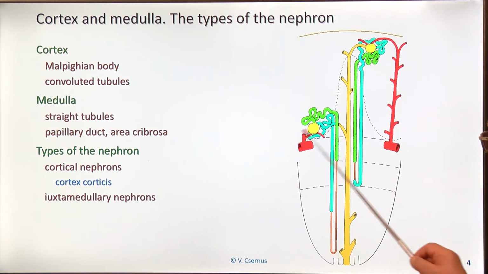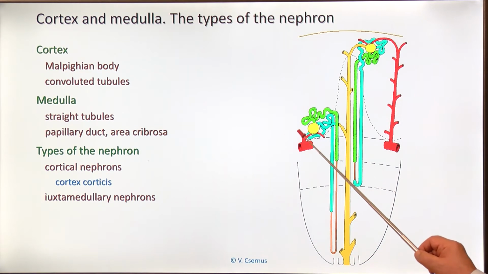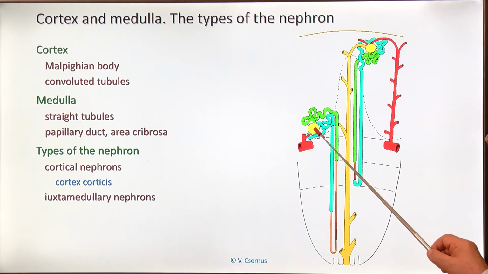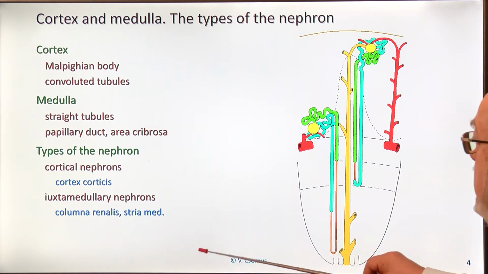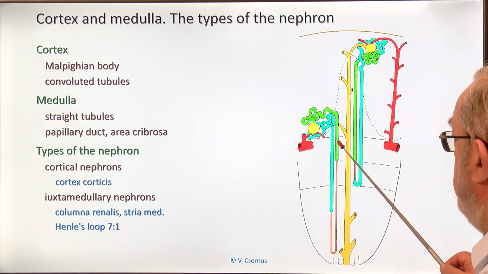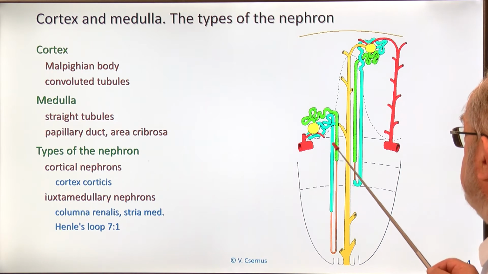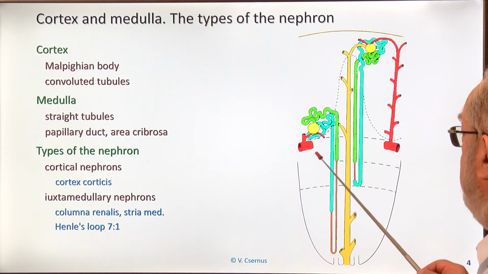Especially the juxtamedullary nephrons, these ones, are close to the medulla, in the renal columns and the stria medullaris. They have slightly different features.